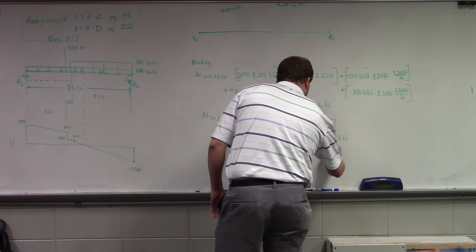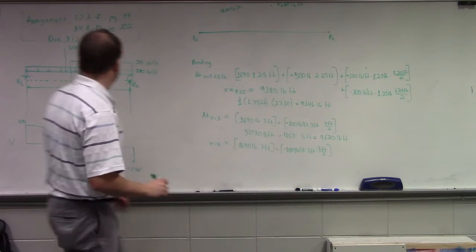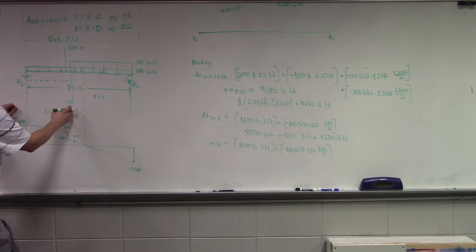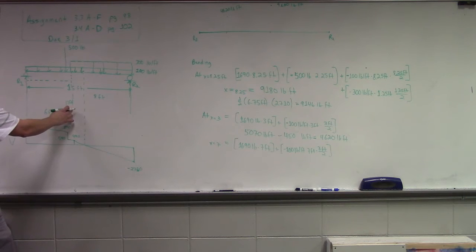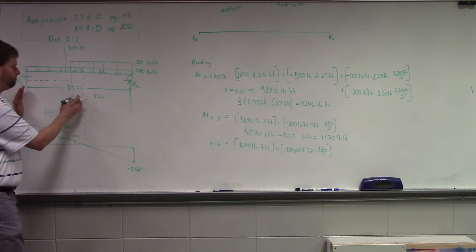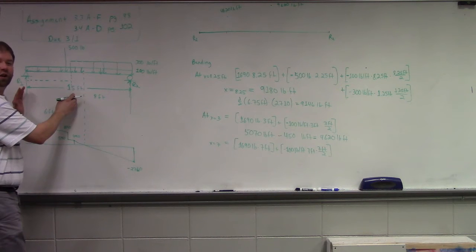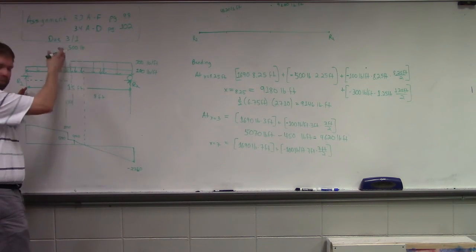Wait, where's that 7 feet? It's where your 300 pounds per foot starts picking up. Is it trying to rotate at that point when we're looking from left to right? It's just starting, right? Any portion that we tried to resolve would pass right through that point.